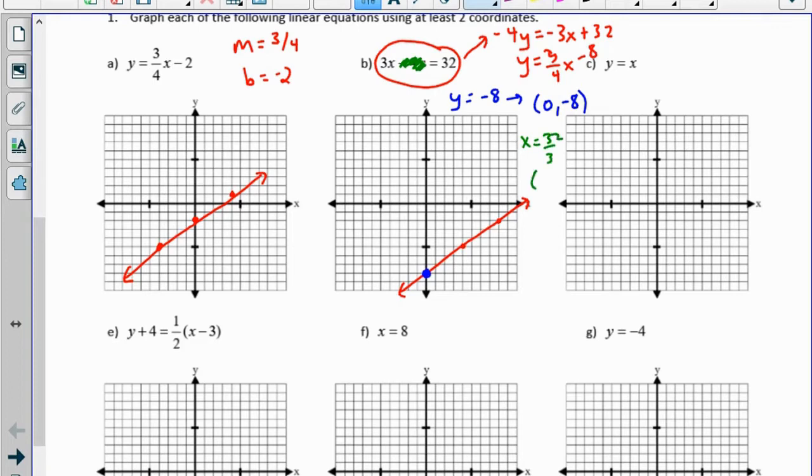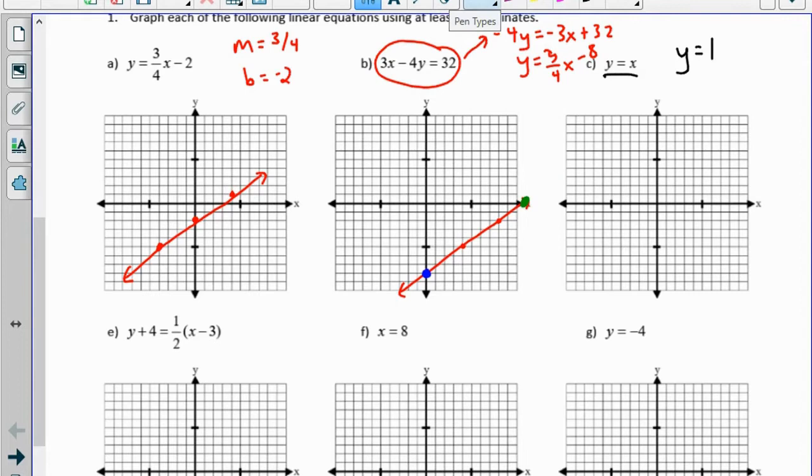And so I know that the x-intercept is (32/3, 0). 32/3 is about 10 2/3, which, if you notice, is a point that's already on the graph. So I could have graphed it using intercepts, or what I call the cover-up method, if I wanted to do it that way.